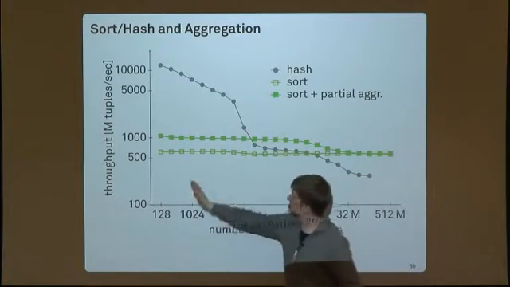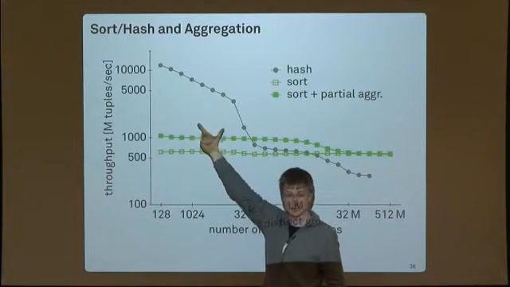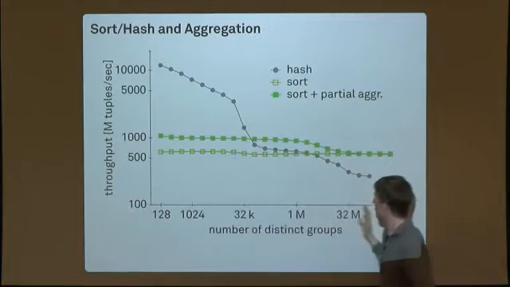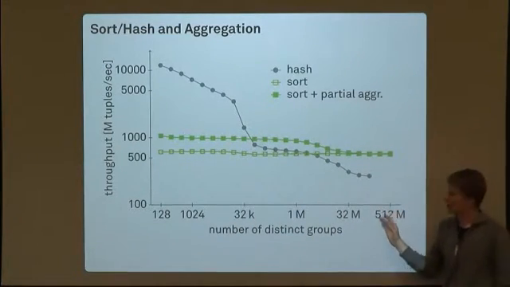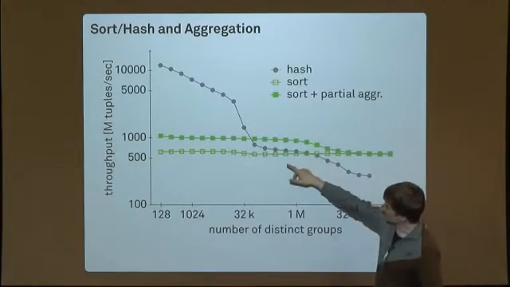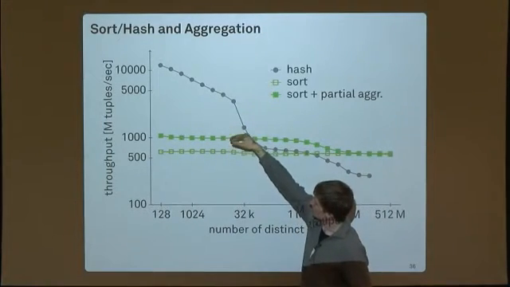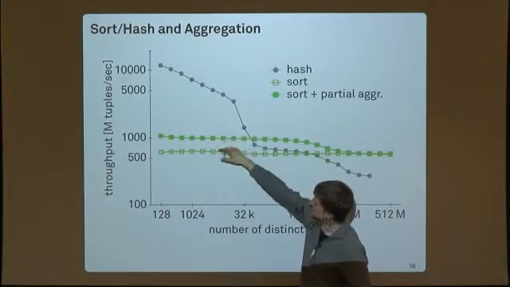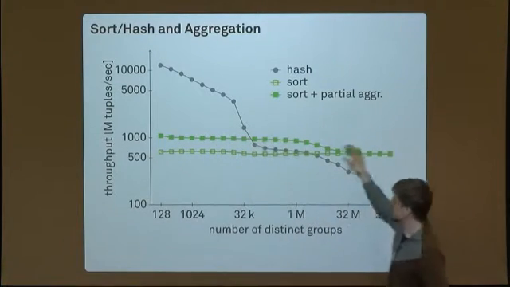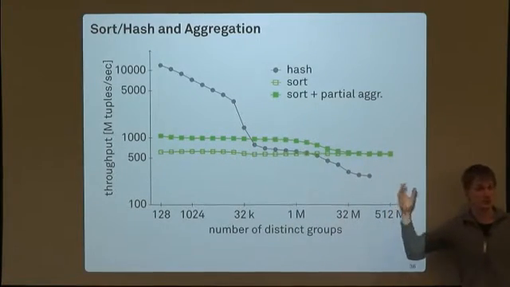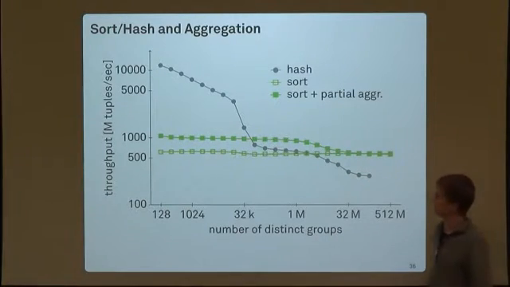For few groups, hashing gets very cache efficient, but at some point it just gets expensive. Here we see that sort merge, depending on the cardinality, can be significantly slower, but it is very, very robust. This is something that's also known from classical databases.